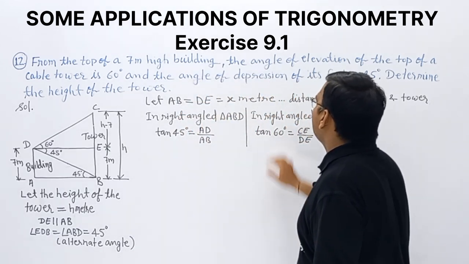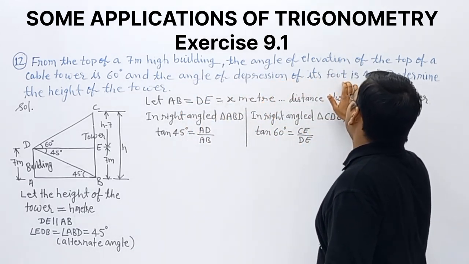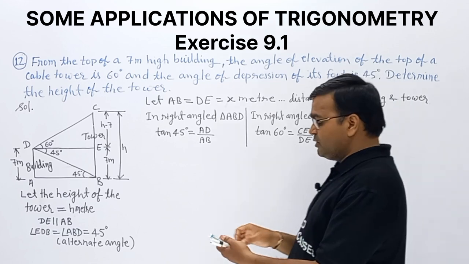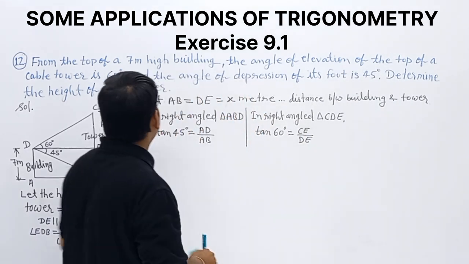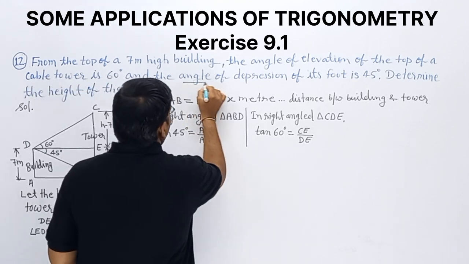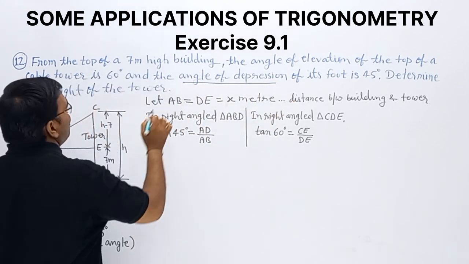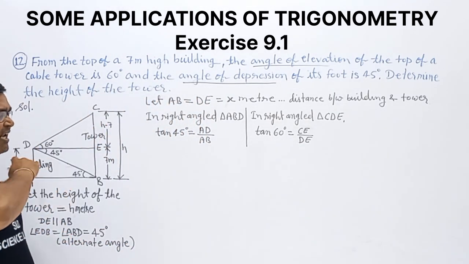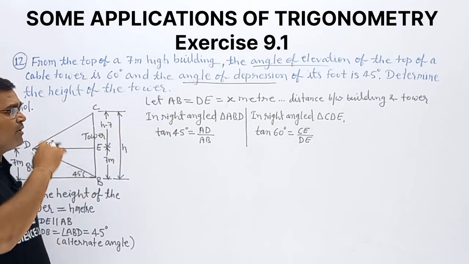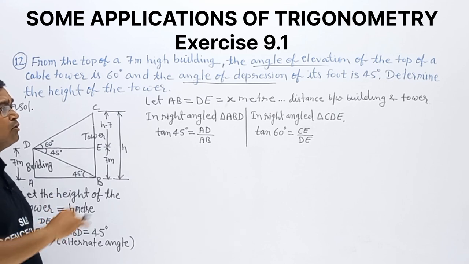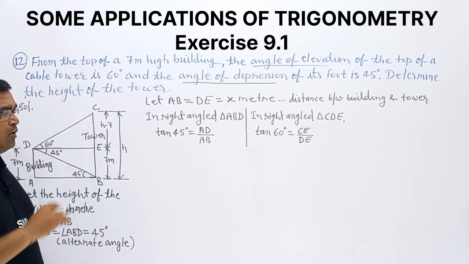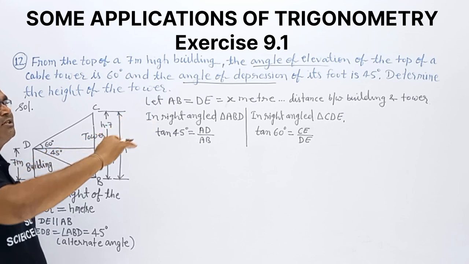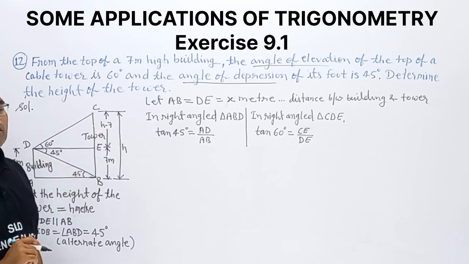Clear? And the angle of depression of the foot of the... what new thing is coming? Angle of depression. What about the angle of depression? One is the angle of elevation. Once we have a horizontal line, and our line of sight is above the horizontal line, that is called the angle of elevation.